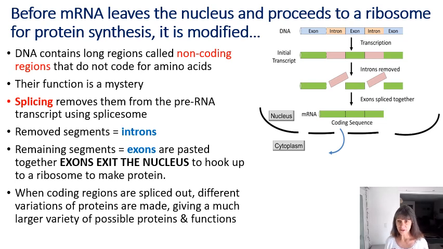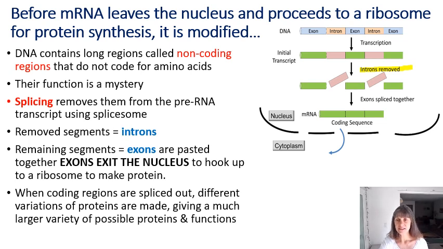Scientists are not quite sure what their function is at this point, so in order for that pre-messenger RNA molecule to have those regions taken out requires a spliceosome that will help to cut out certain portions of the pre-messenger RNA molecule and glue together the remaining portions that are going to act as the final messenger RNA.